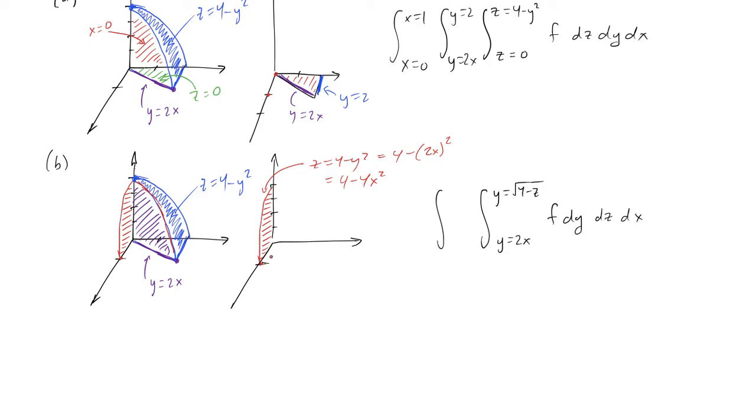That's going to be the upper bound. And then the lower bound is z equals 0. So let's move this integral over. Get a little more space. Z equals 4 minus 4x squared, and z equals 0. And then x goes from 0 to 1, like before.